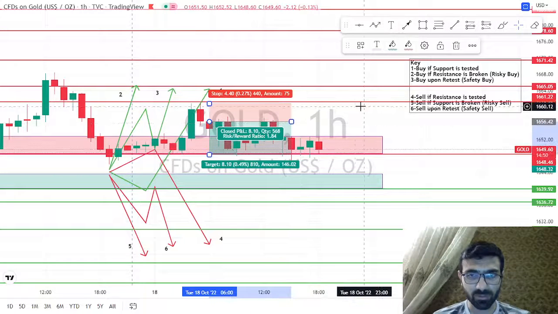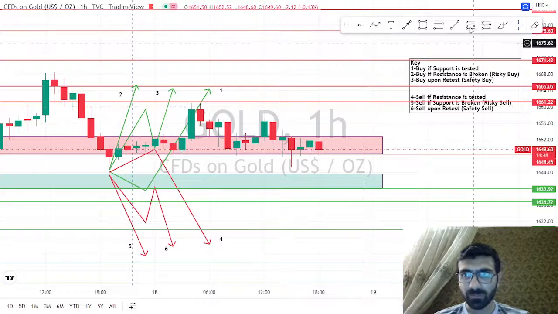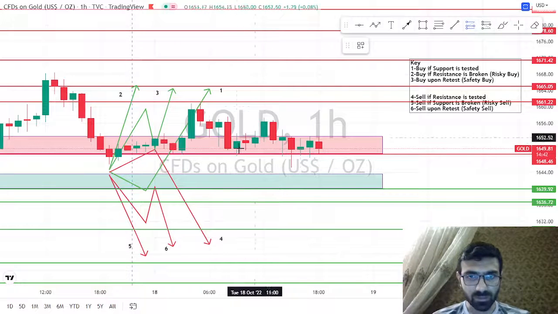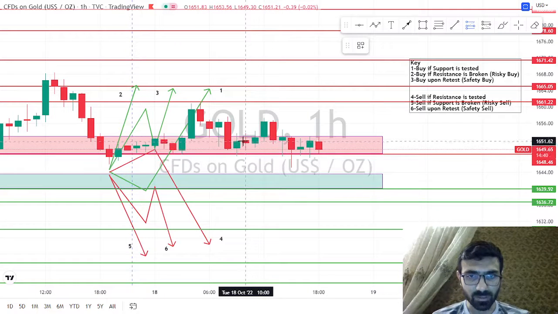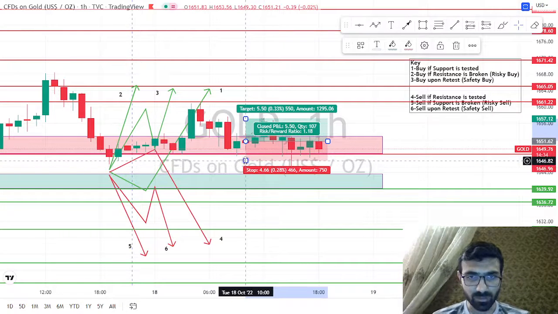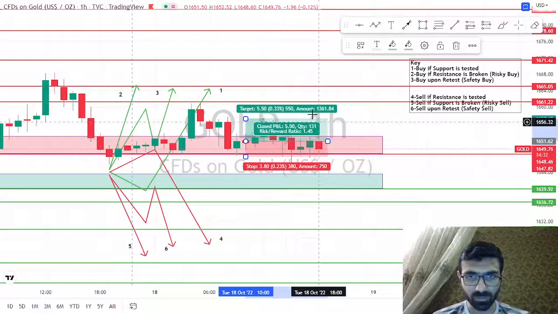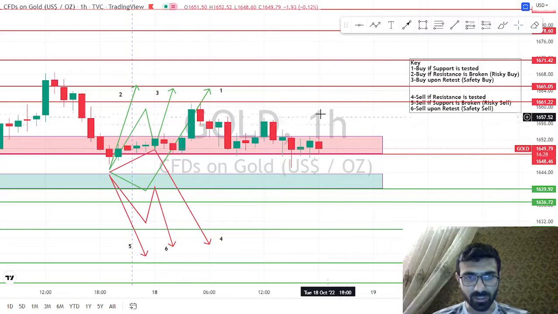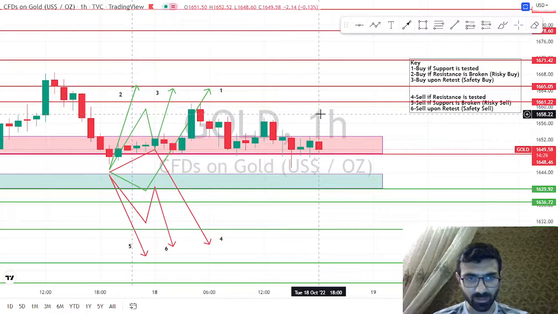So this trade would have given us a 1.8% profit. And afterwards, once the market tested this as a resistance and then again closed above, this trade would have given us approximately 1.4% profit. And now the market is going sideways.